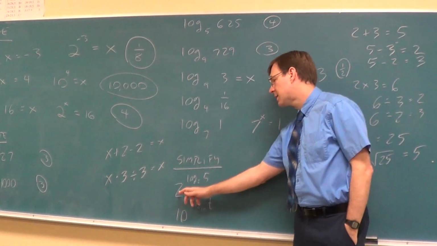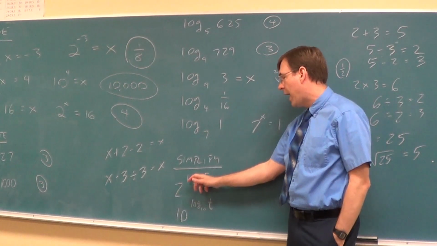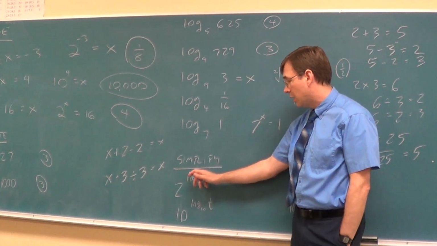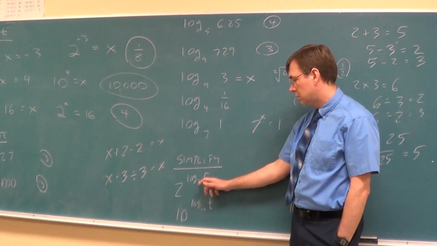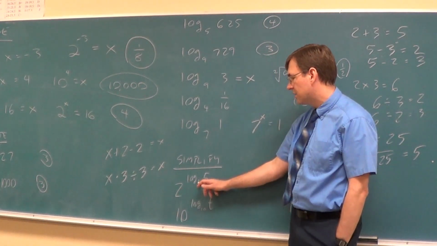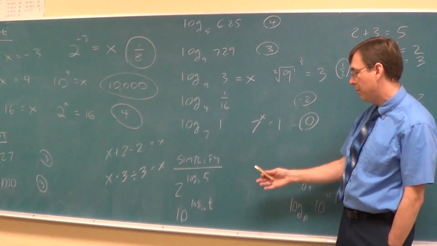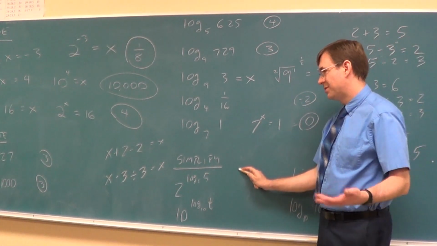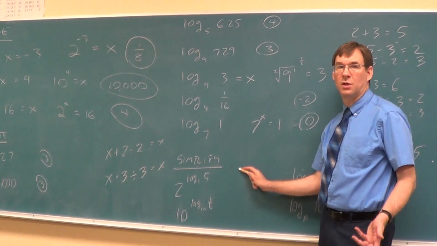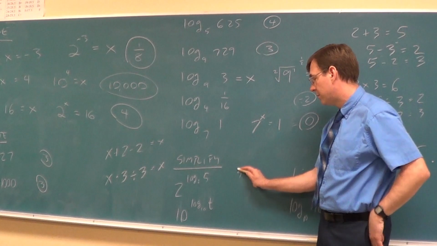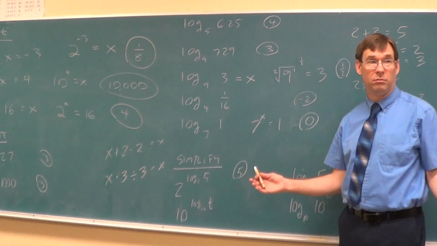If I go into this same problem and I'm doing 2 to a power with a base of 2, and I'm at the same time doing a logarithm with a base of 2, the base of this and the base of that are a match. I step in there and I'm doing 2 to powers and logarithm base 2. There's the same kind of nullification. The easy, quick answer is simply 5, because there's no one else home.